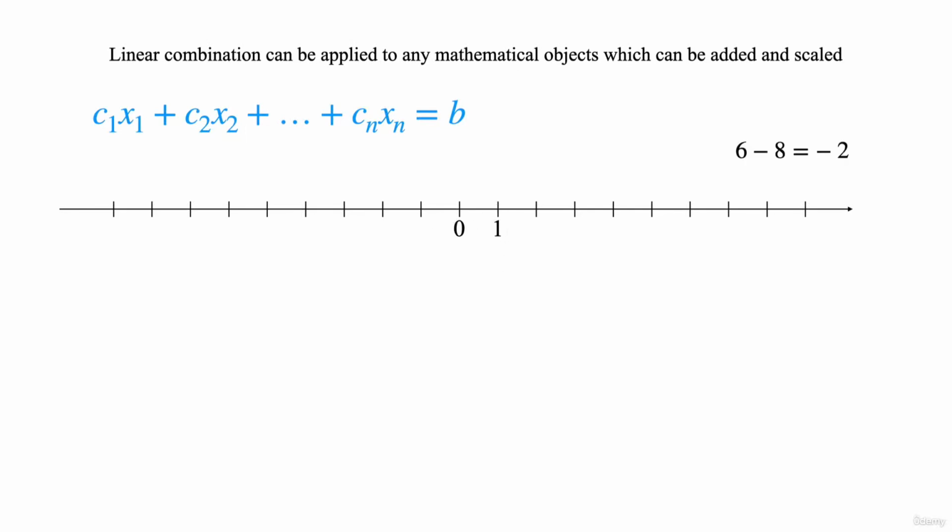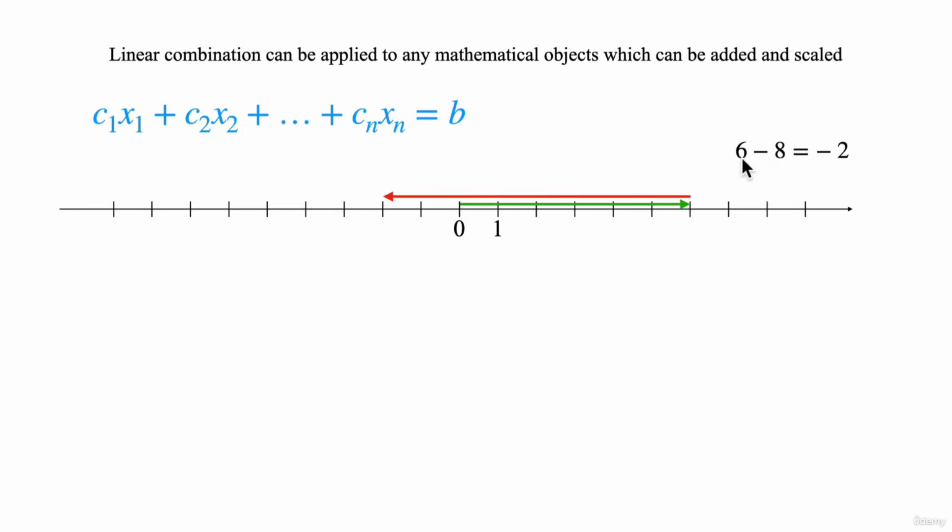So for example, if you want to illustrate the subtraction 6 minus 8 is equal to minus 2, you represent the number 6 as a position vector starting at 0 and ending at 6. 1, 2, 3, 4, 5, 6. 6 steps to the right corresponds to plus 6. And well, it's just delta x because we have no y-axis, right?